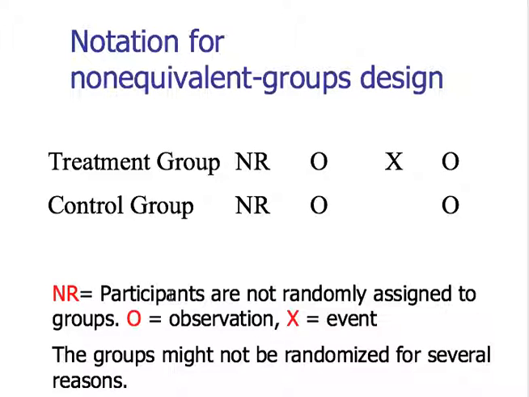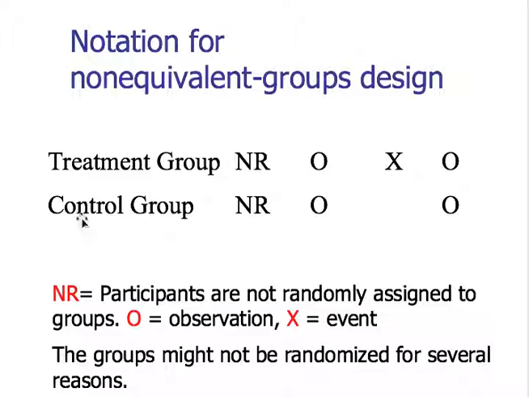Here's an example of non-equivalent groups design, so you can see what it looks like in notation form. You'll see that there's a treatment group that's not randomly assigned to receive some event or stimuli or treatment, and an observation again.